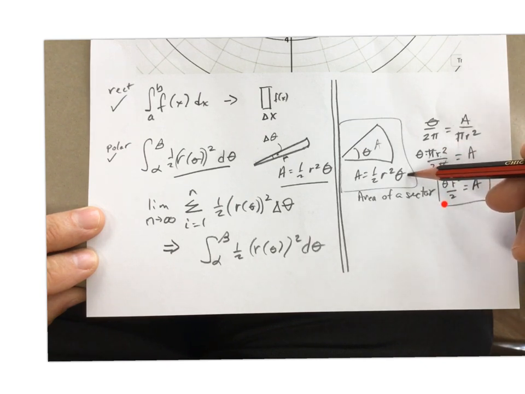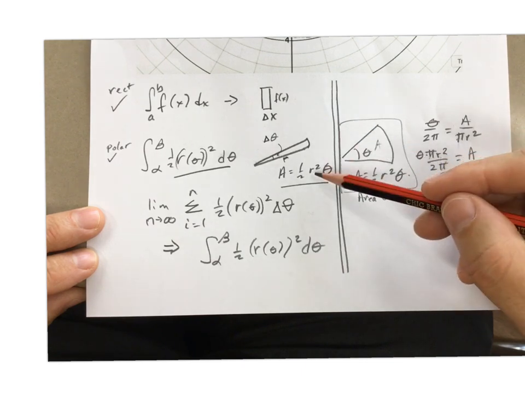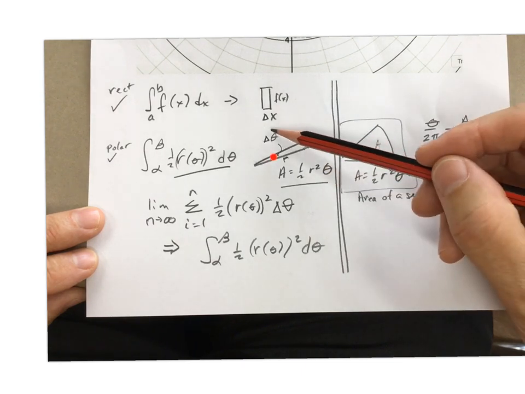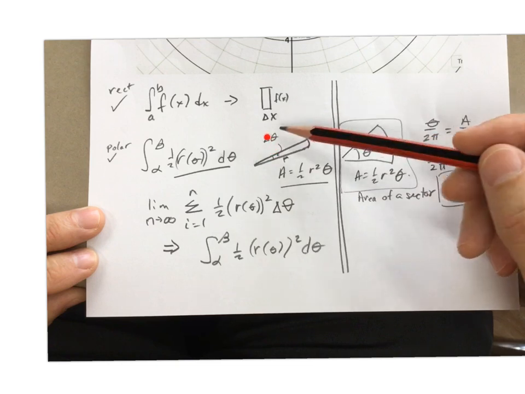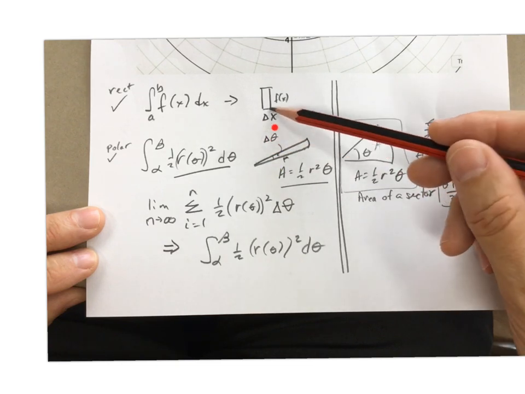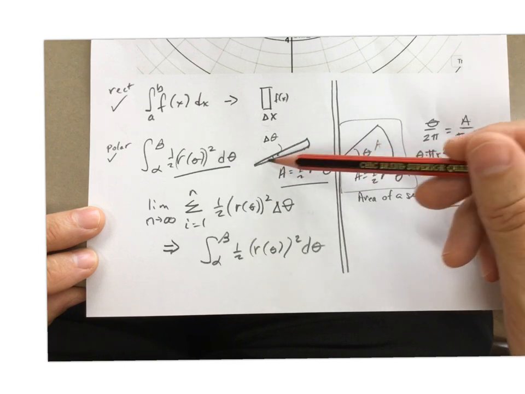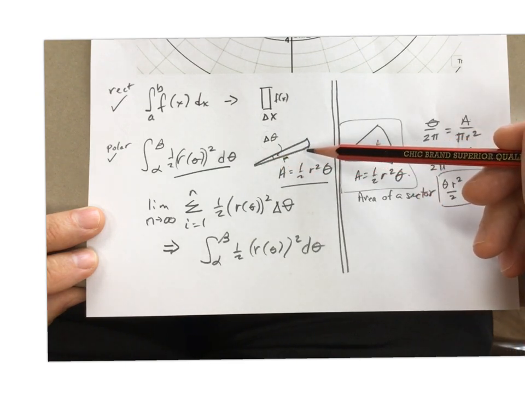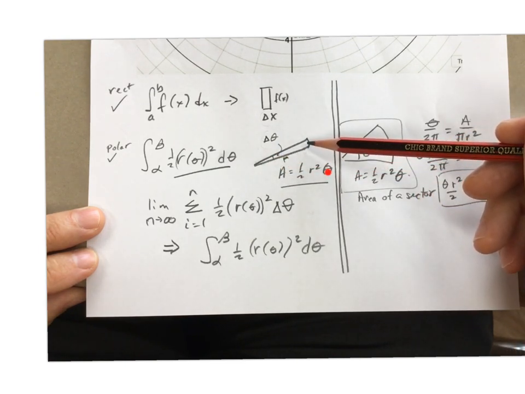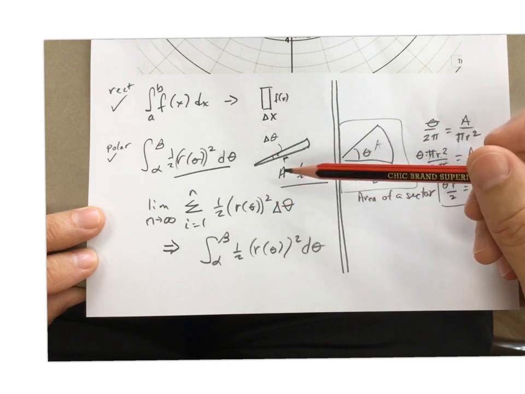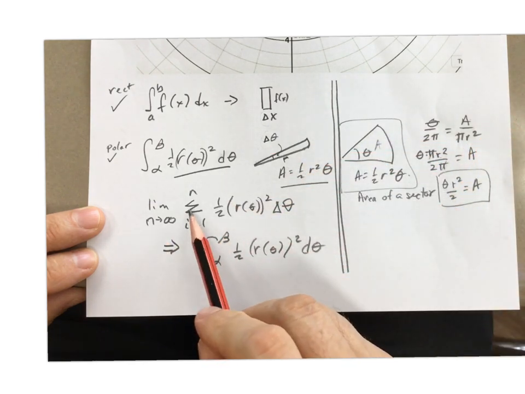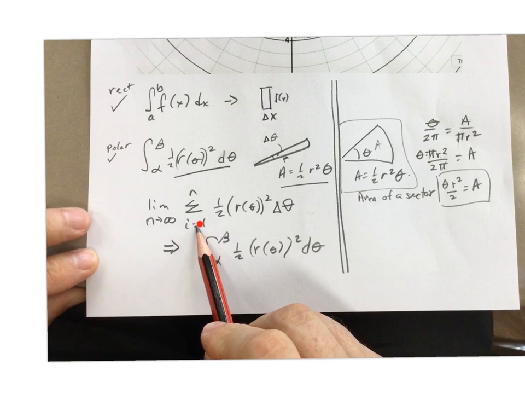Now, how does that help us? This little theta right here is a little piece of theta, so we call it delta theta, just like delta x. We want these things to get smaller and smaller. Then if I set this up, this is going to be a summation.